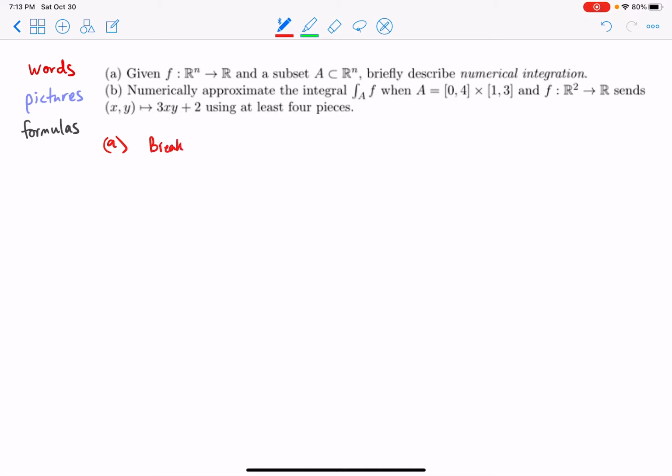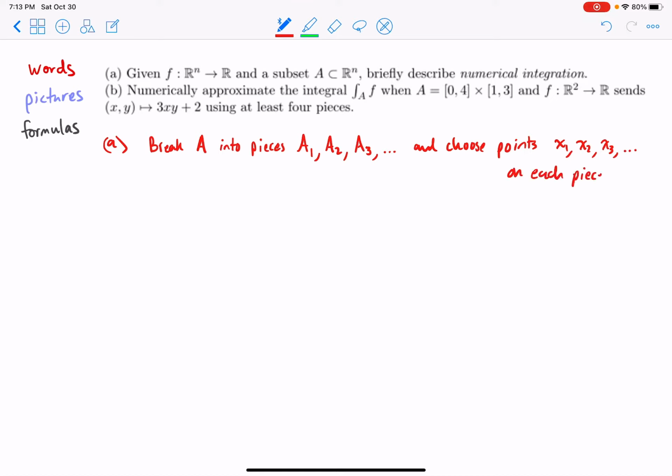Well, break that subset into pieces, and choose points on each piece. Okay, and then what do we do?